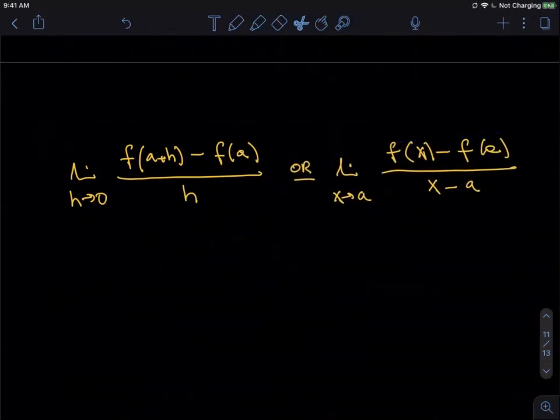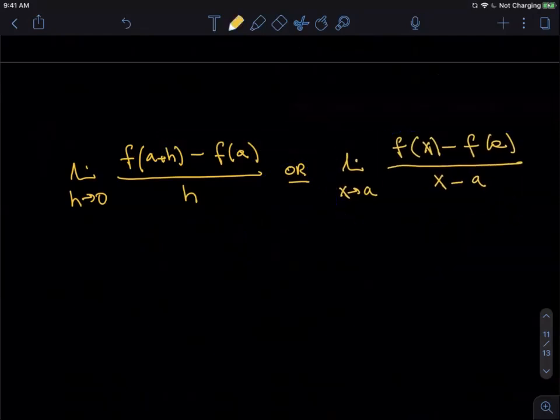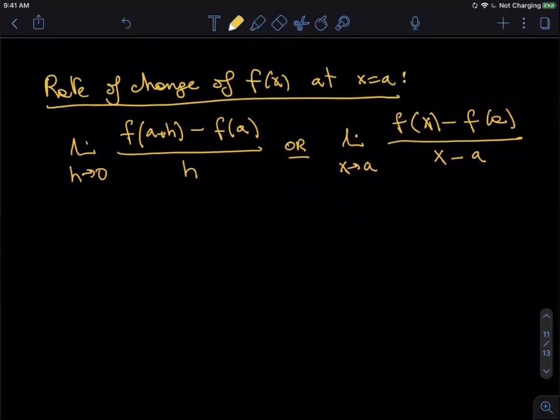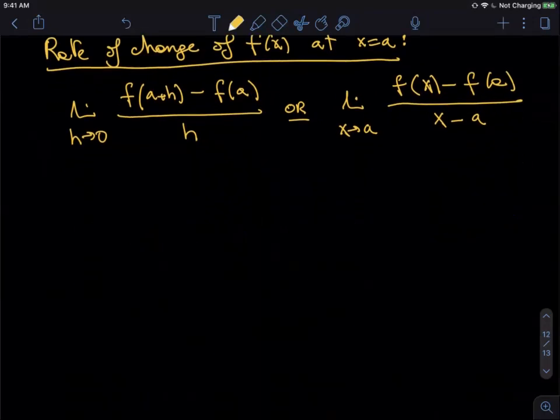So these limits that we have defined, these are called the rate of change, okay? Of f of x at x equal a, okay? And this is basically the definition of derivative.